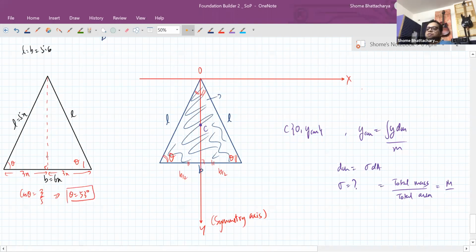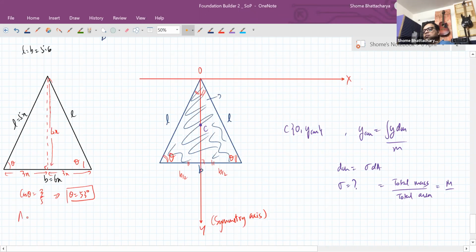And that will also help me figure out that this height of the triangle will be 4x.